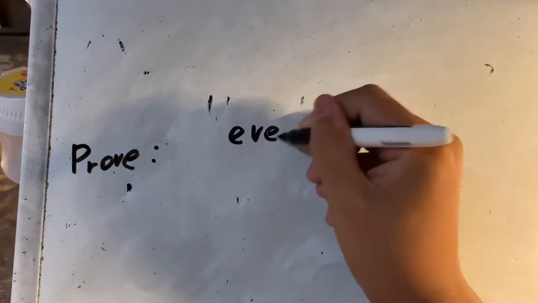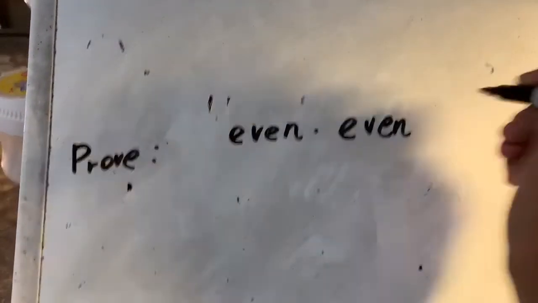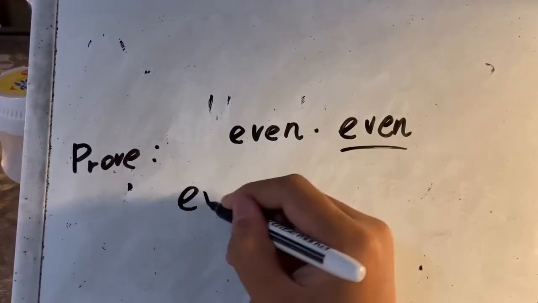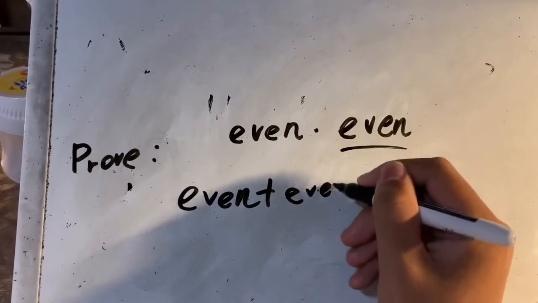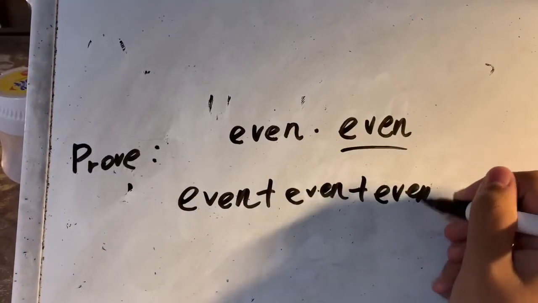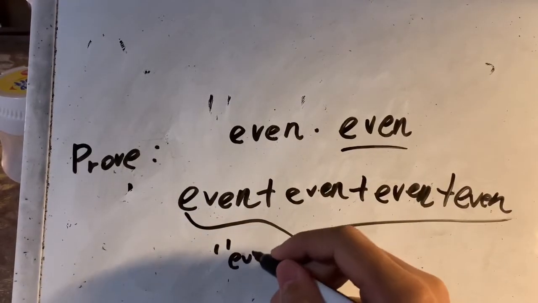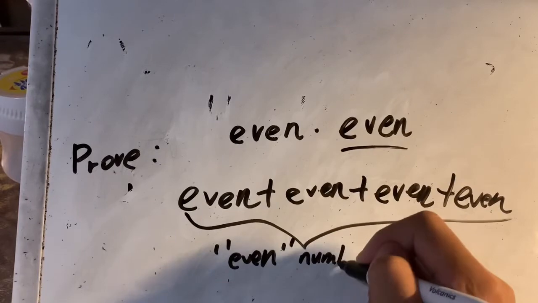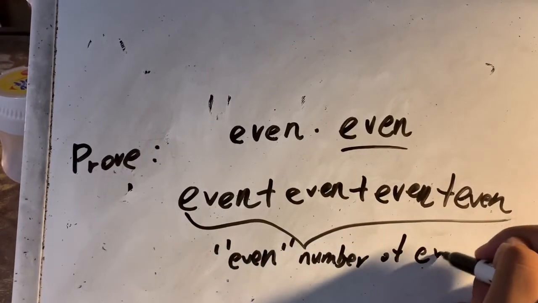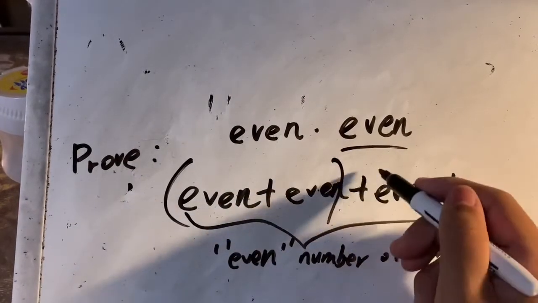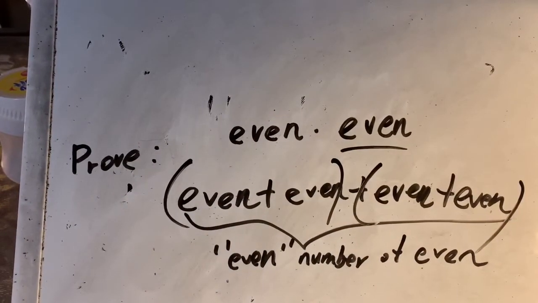Now let's talk about even times even. Using the fundamental theorem, the basic definition of multiplication again. Even number of even, right? So we can divide it into different cases of even plus even, even plus even, and there will be no single even left.